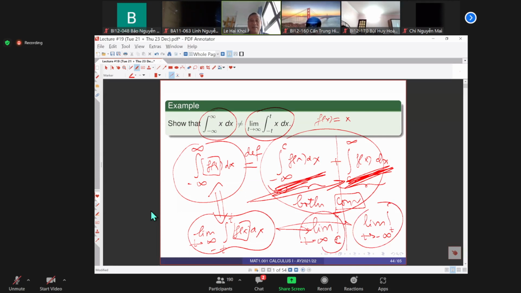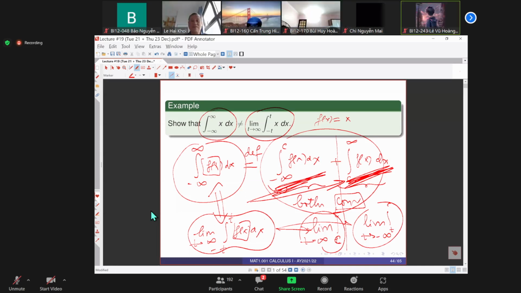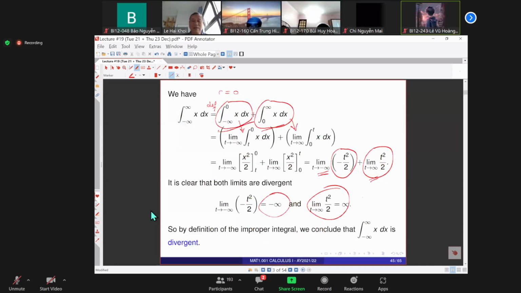In our case, not only one integral is divergent, but both are divergent. So by the definition of the improper integral of this type, this integral is divergent.